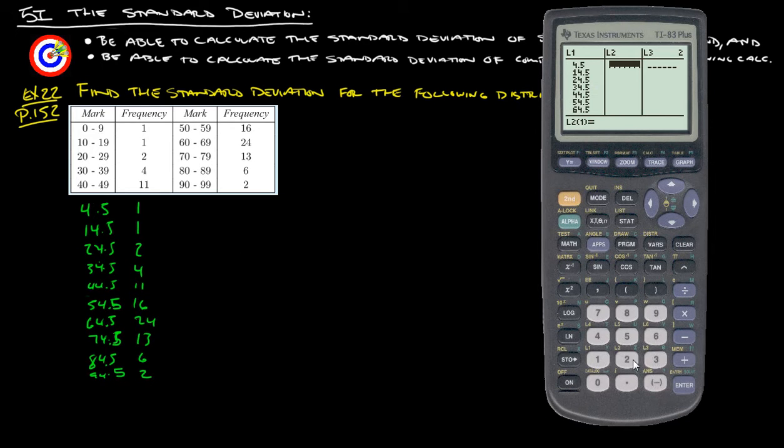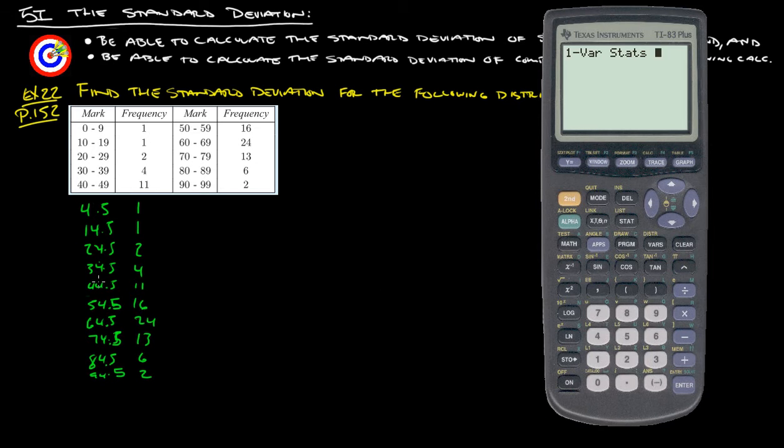Okay, so there's all of this column here, and then we just have to enter in our frequency in the next column. So 1, 1, 2, 4, 11, 16, 24, 13, 6, and 2. Okay? And then we just do what we did before.